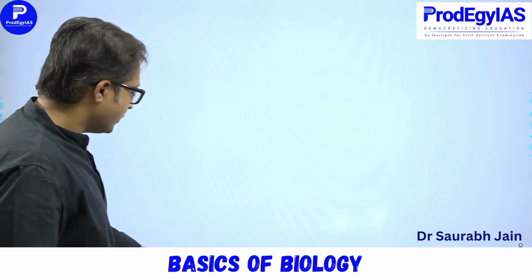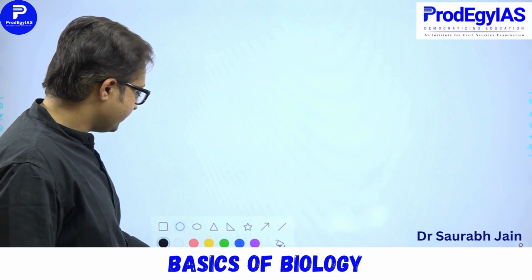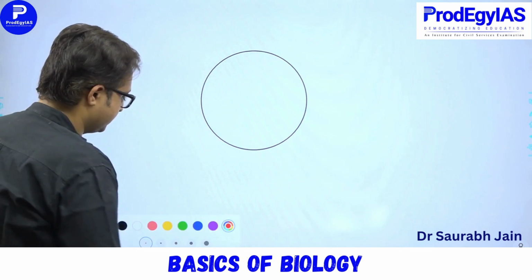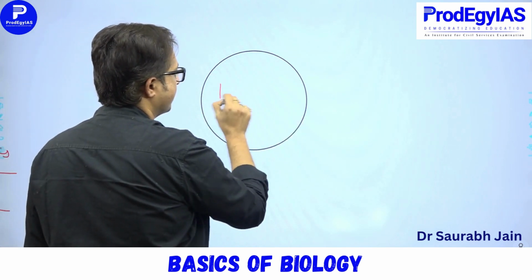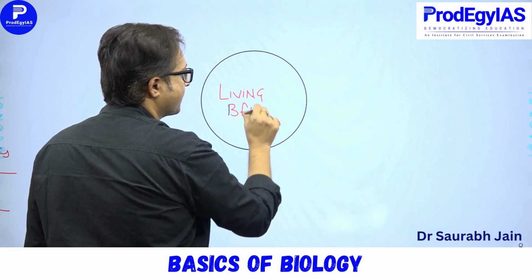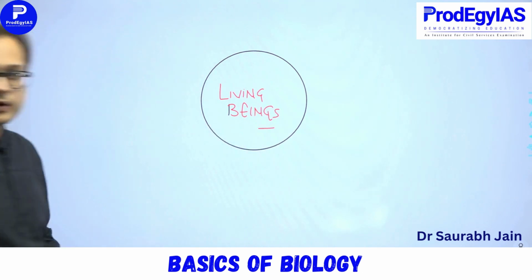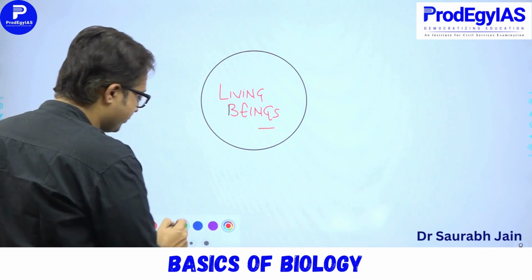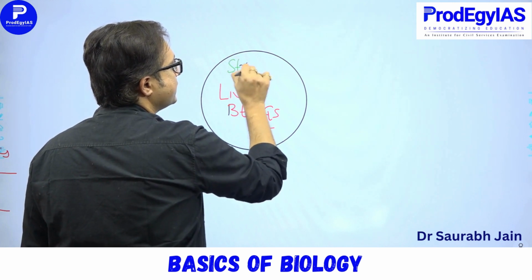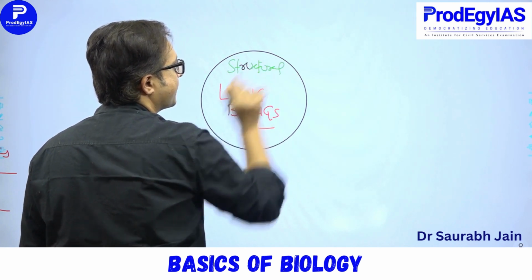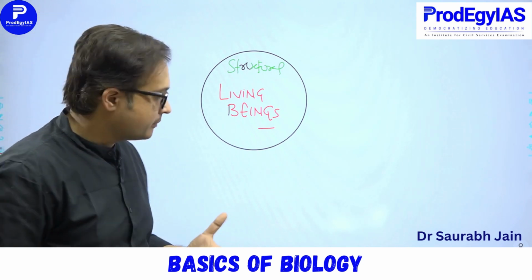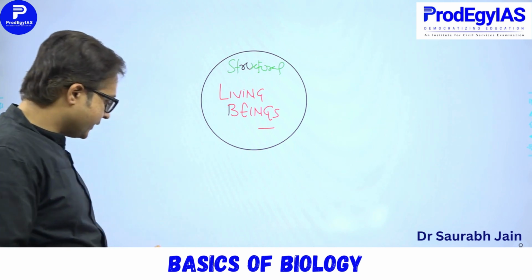So when we try to identify or define living beings, we have to identify two things over here: the structural aspect of living beings, the basic structure, type, their body type, their basic look, or anything that we can say, right?